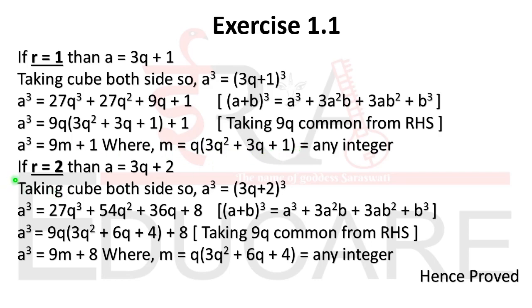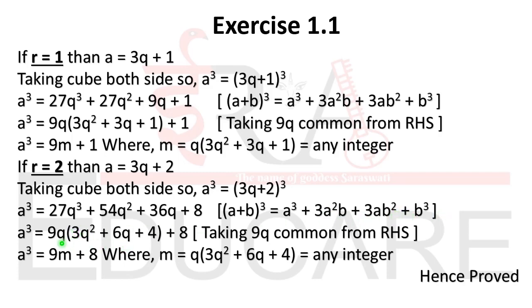If r is equal to 2, then a is equal to 3q plus 2. Again taking cube both the sides, a cube is equal to 3q plus 2 whole cube. So a cube is equal to 27q cube plus 54q square plus 36q plus 8, by using this property: a plus b whole cube is equal to a cube plus 3a square b plus 3ab square plus b cube.